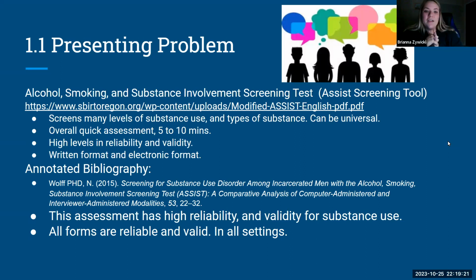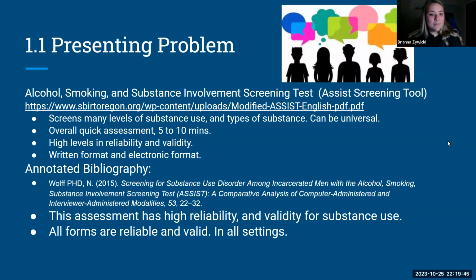Overall, the assessment only takes 5 to 10 minutes, from what I read online and in the research articles I looked through. I thought that was an appropriate amount of time, because when you're first talking about a problem, you don't want a very lengthy assessment and process. You want it to be somewhat quick, and this one is also highly reliable and highly valid.